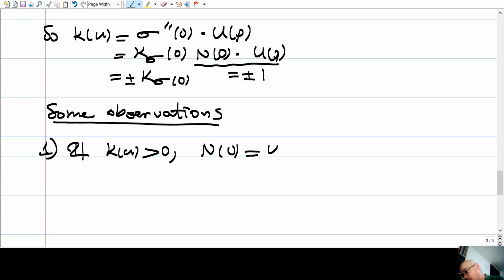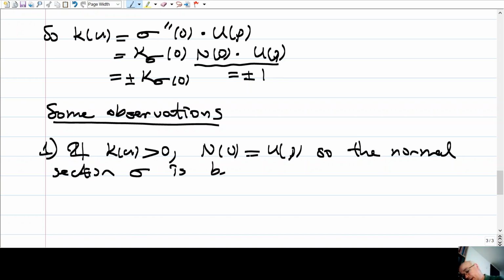So the normal section sigma is bending toward UP at the point P.